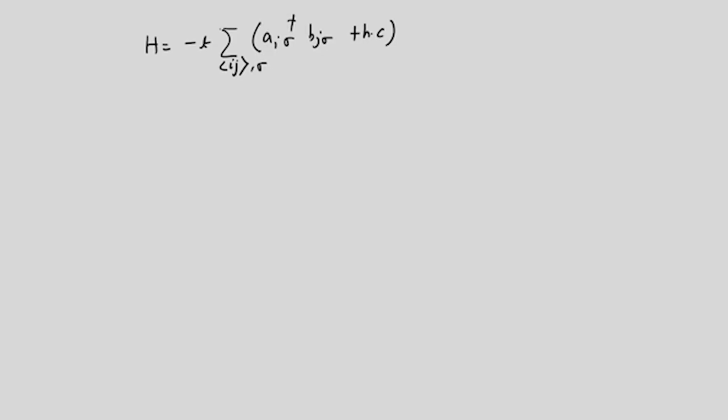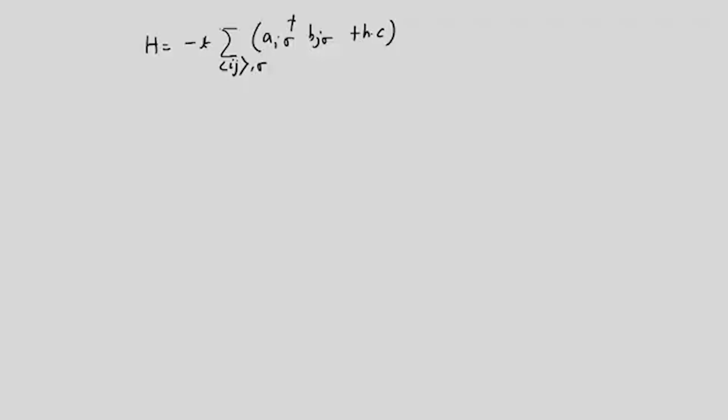However, the spin here carries no meaning, so in the subsequent discussions the spin will be dropped. We will only include spin as and when it is needed, that is when there is a spin orbit coupling present. So, we write this a little more elaborately, with a minus t, that is the tight binding Hamiltonian we are doing.